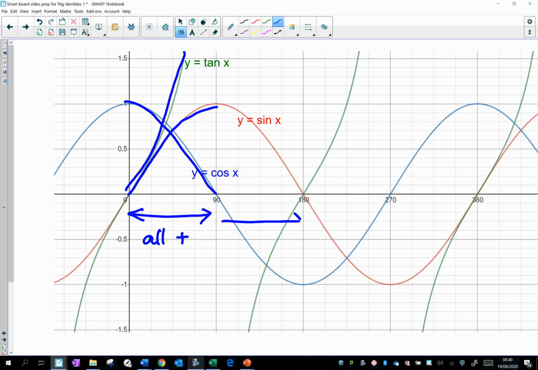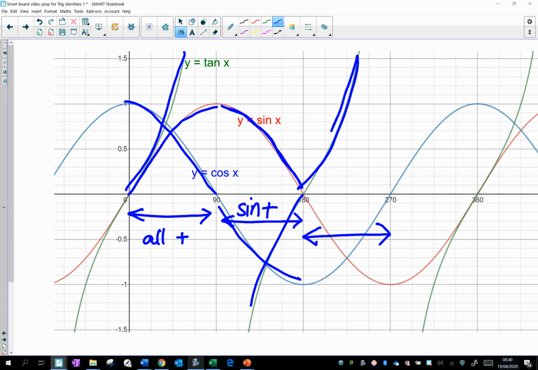Between 90 and 180, you can see that the sine curve is up here, so it's positive. So sine is positive, whereas the other two are down here, which makes them negative. Between 180 and 270, the only one which is positive is this one, which is tan. So tan is positive.